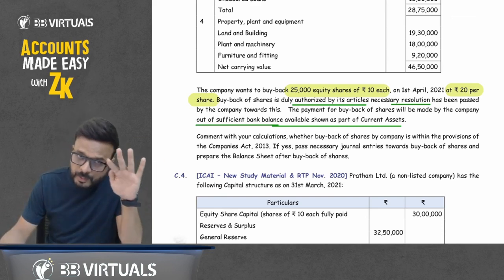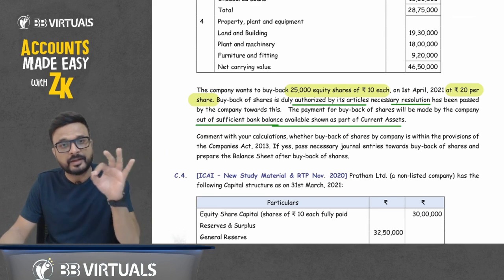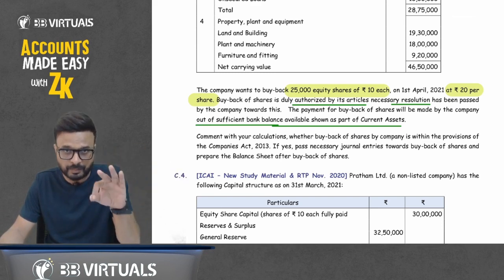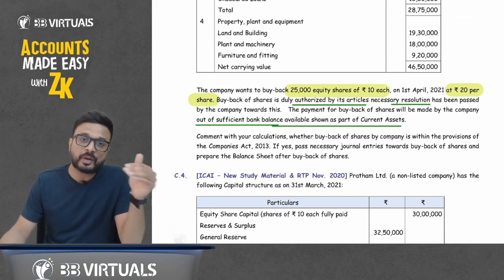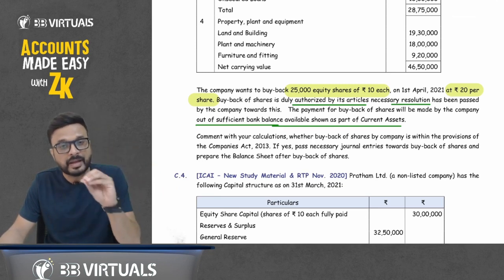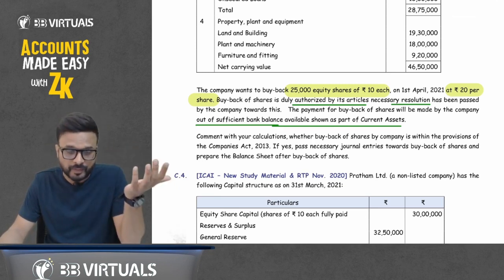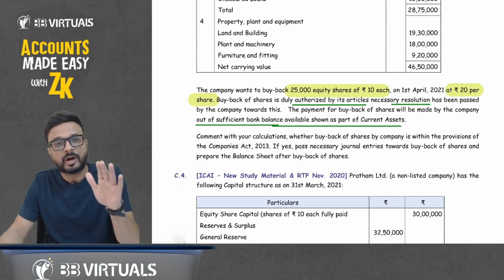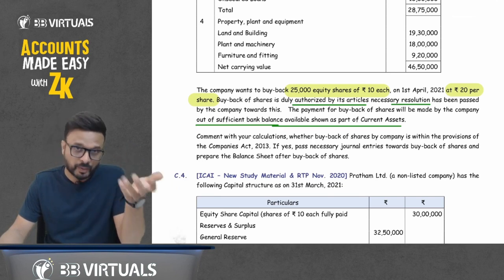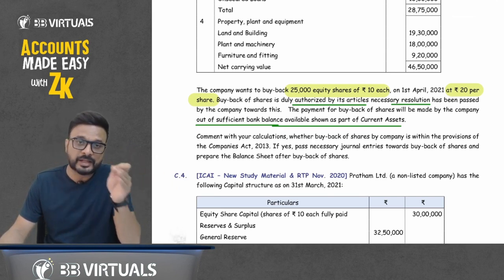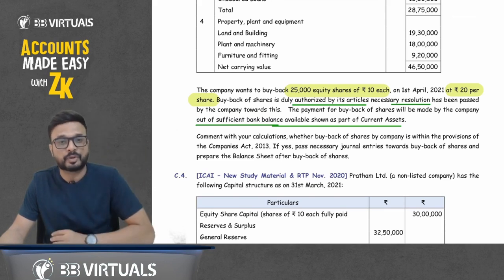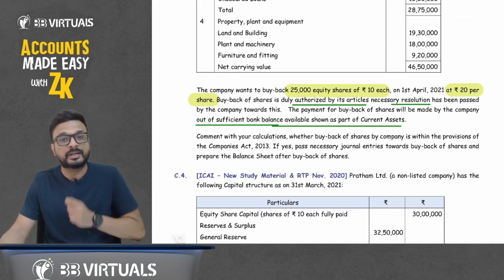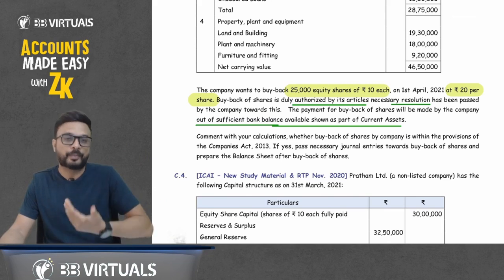Is it mentioned that they are issuing any shares in the market for the purpose of buyback? The answer is no. It means they are doing the buyback out of profit. So whatever the face value of the buyback shares is, that amount should be transferred to the CRR account, because here they are doing the buyback out of profit.